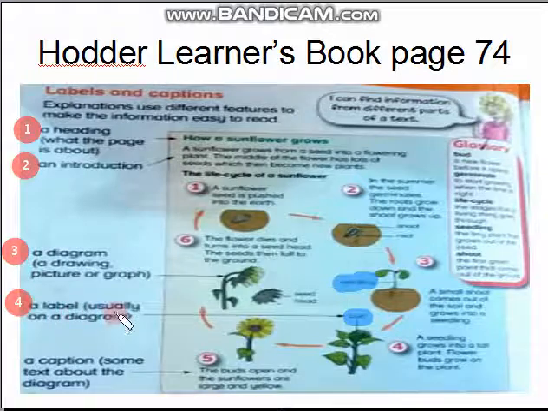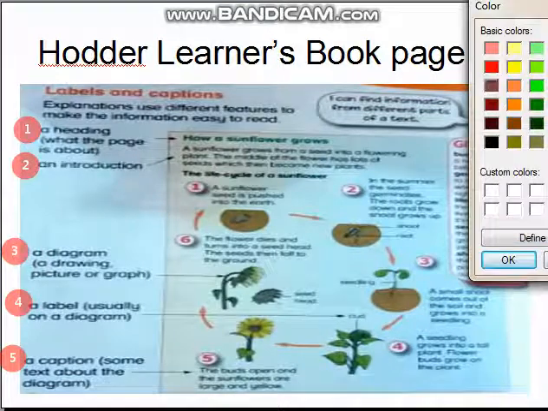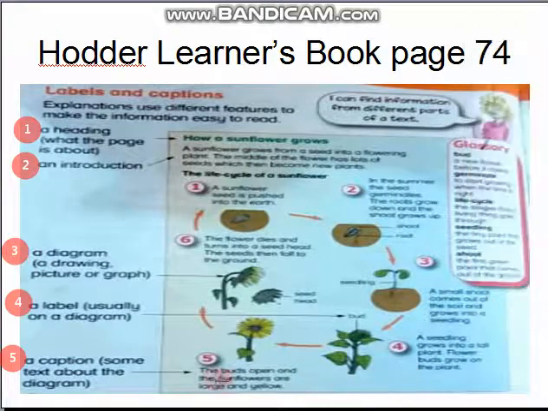A label means usually on a diagram. The label, you will find the label inside the diagram. This one also is a label. Good. Next feature, we have number 5, a caption. This is a caption.